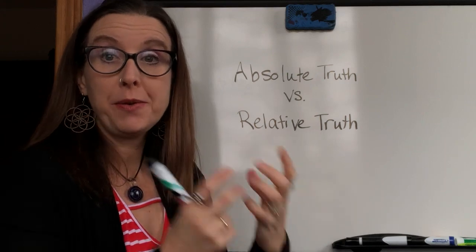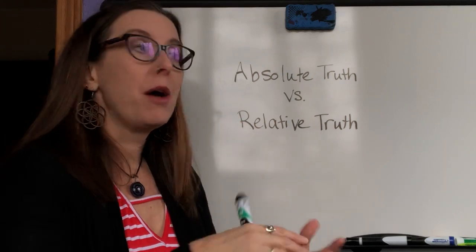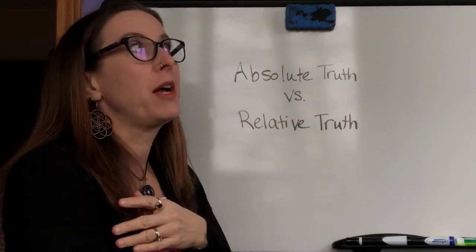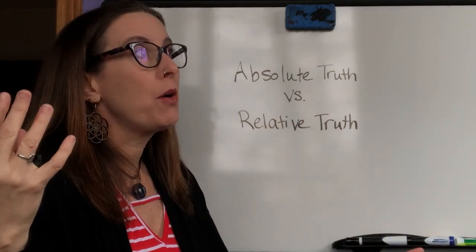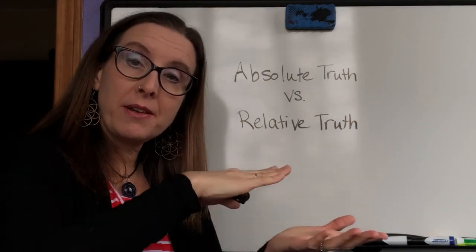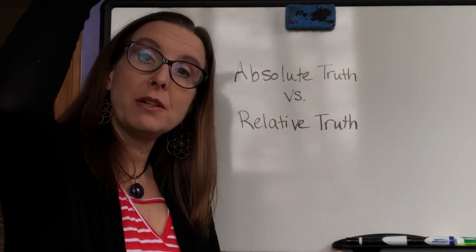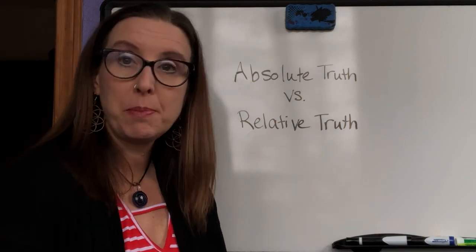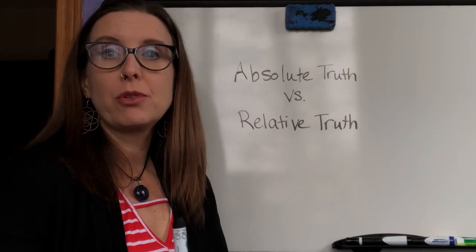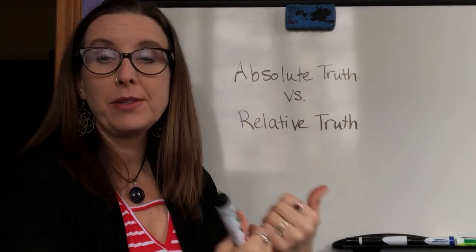So when we say absolute truth, what we mean is that there is one ultimate truth about how the universe was created, about the nature of reality, about how political systems work, about anything from the very mundane and grounded level to the very high spiritual and philosophical levels. The idea of absolute truth is there's just one solid truth.